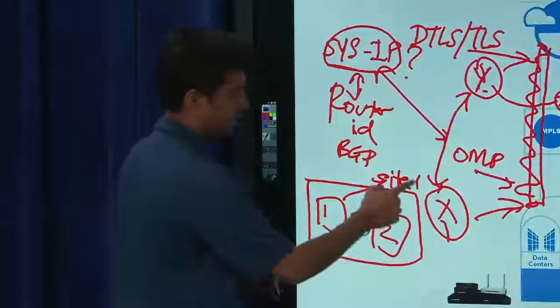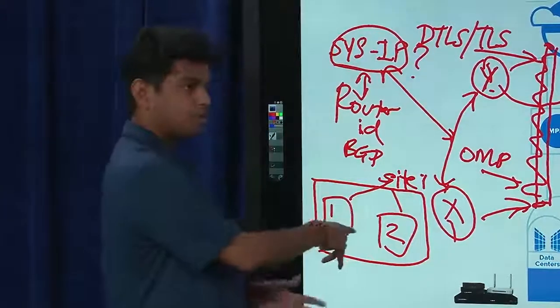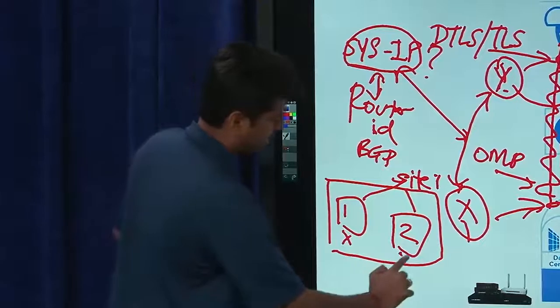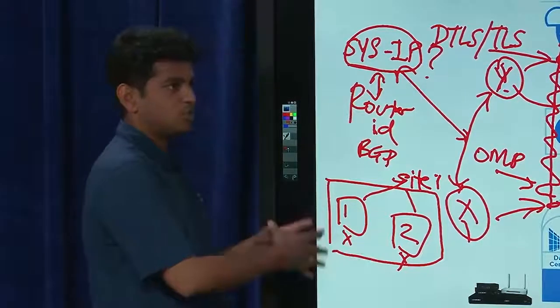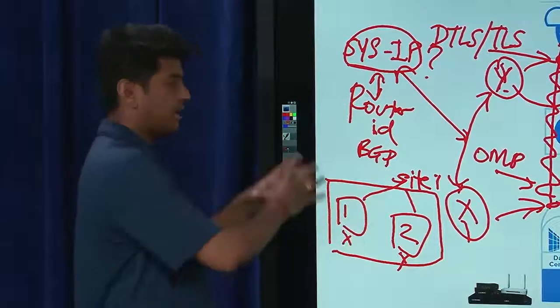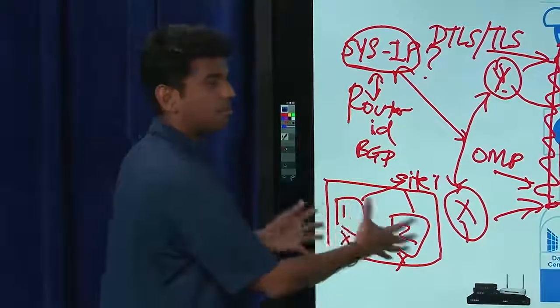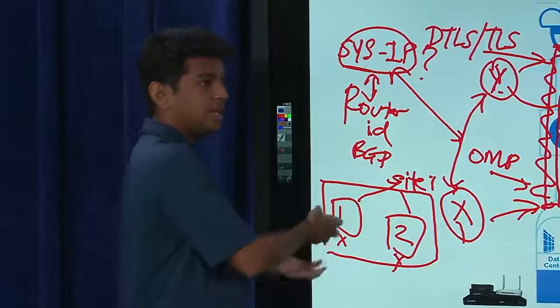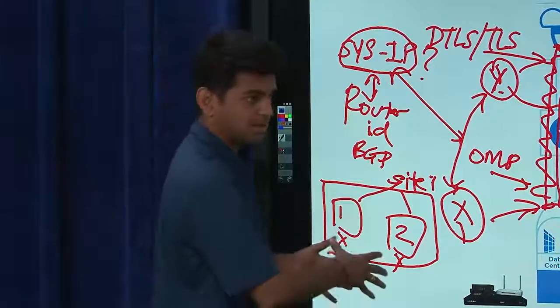Say the site ID is 1, both of them will have site ID 1, but both will have a unique system IP, say X and Y. So that's how the hierarchy goes: you have a site where you can have multiple edges, and each edge is uniquely identified by its system IP.